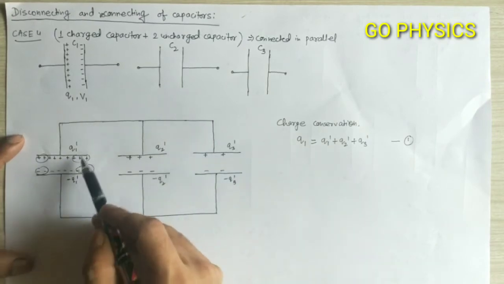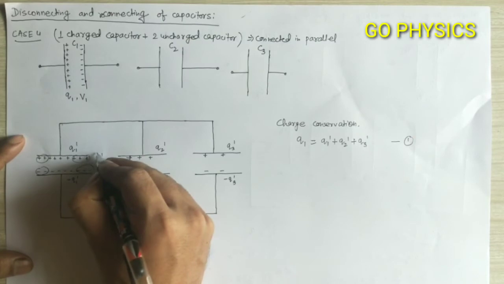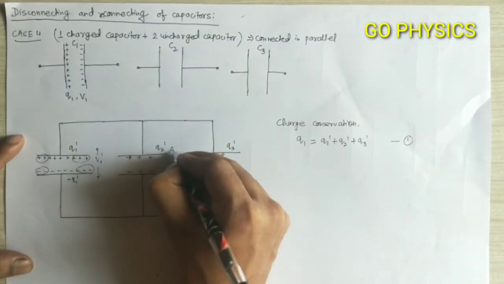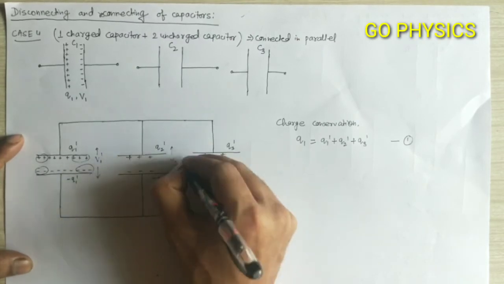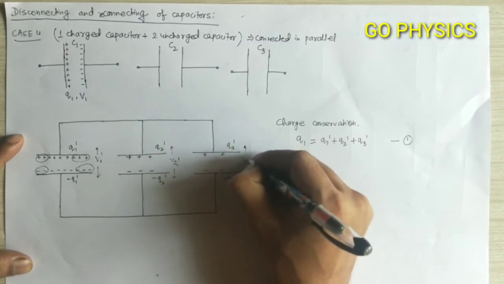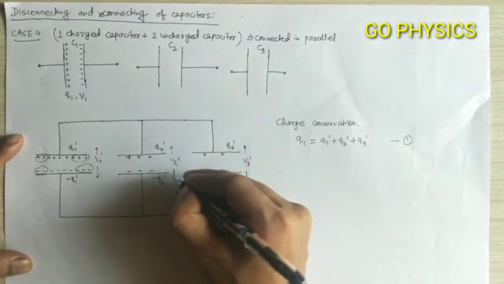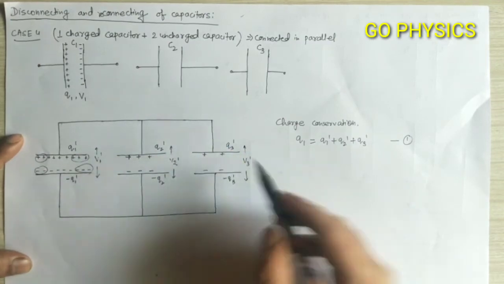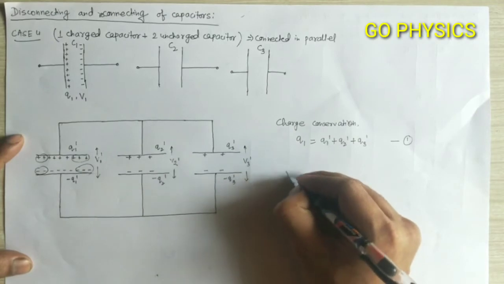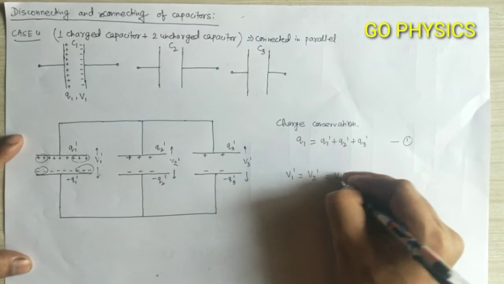Let us assume the final potential difference across capacitor 1 is V1 dash, across capacitor 2 is V2 dash, and across capacitor 3 is V3 dash. From the concept of parallel combination, we know that all three voltages will be the same, that is V1 dash equals V2 dash equals V3 dash.